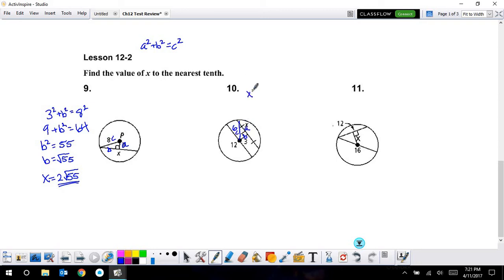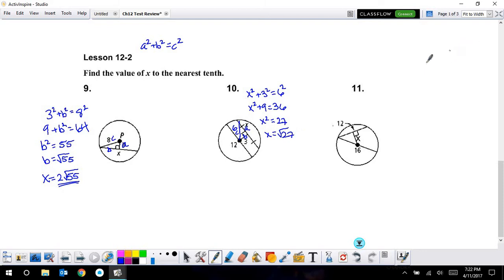So I've got x squared, because x was this time just the half piece, plus 3 squared, and that has to equal 6 squared. So x squared stays the same. 3 squared is 9. 6 squared is 36. So when I subtract, you get x squared equals 27. So x is going to be the square root of 27.